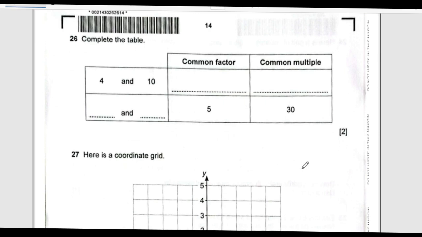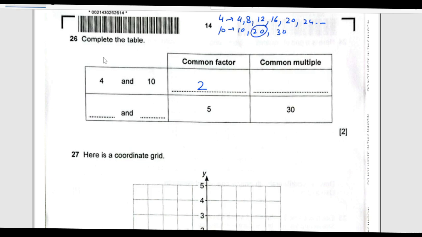We have here 4 and 10, and then the second one is missing, common factor, common multiple. So, common factor of 4 and 10 is 2, which divides both of them, 2 times 2, 2 times 5, right. Common multiple, the multiples of 4 are 4, 8, you can just write the table here, 12, 16, 20, 24, etc. And then for 10 we have 10, 20, 30 like this.